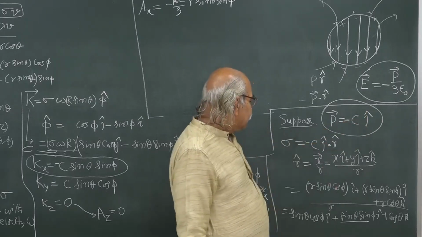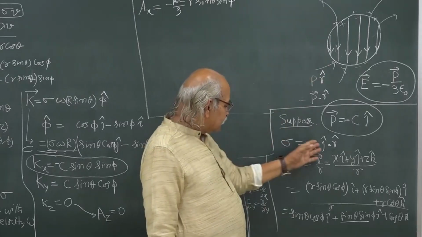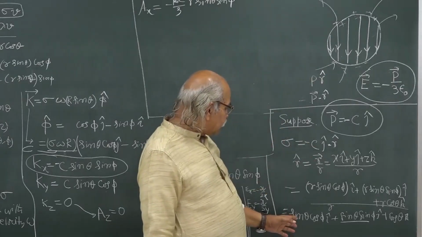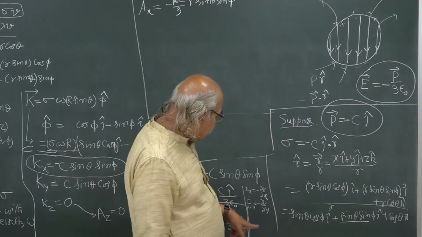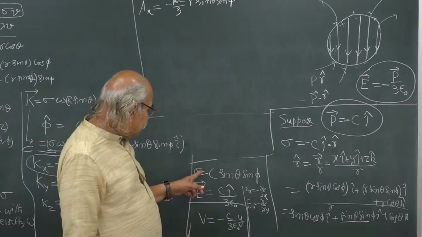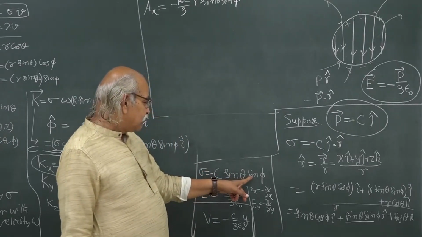We found the charge density which appears, and from there we could derive that finally it is minus c sin theta sin phi.